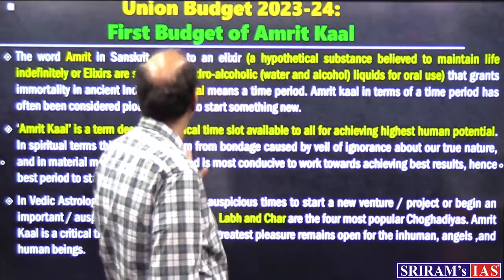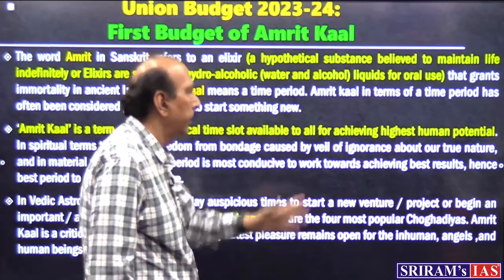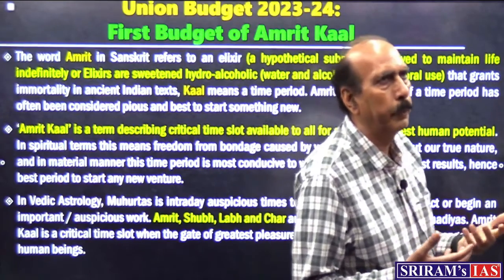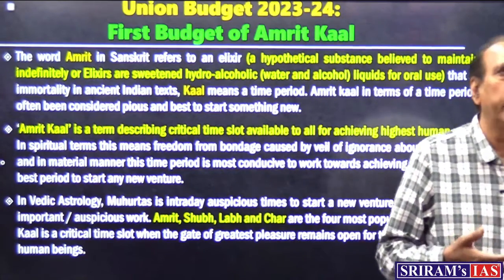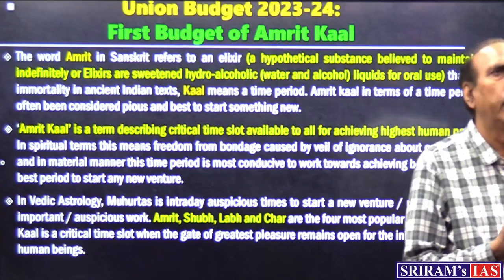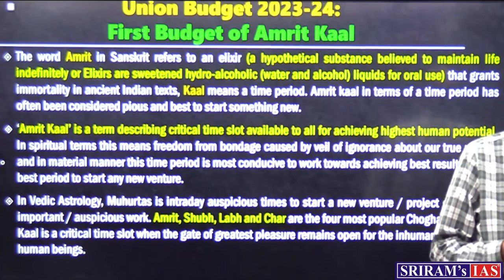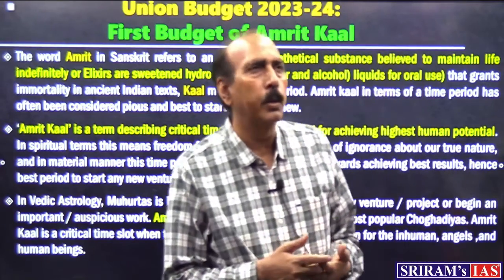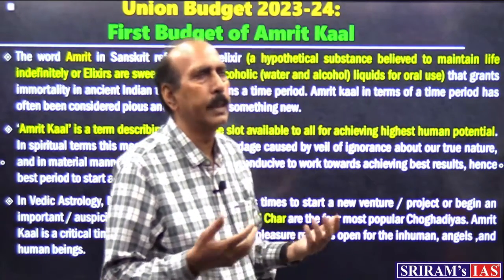Amrit Kal is basically a Sanskrit word. Amrit is a kind of liquid we see in our mythology, and the person who drinks the Amrit becomes immortal, so that nobody can kill him.